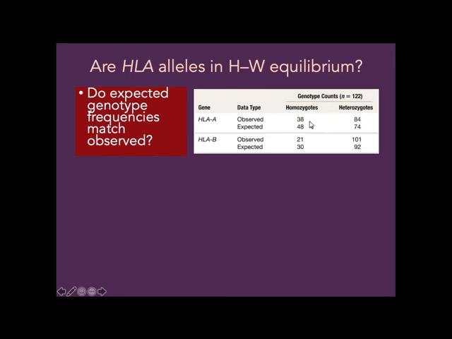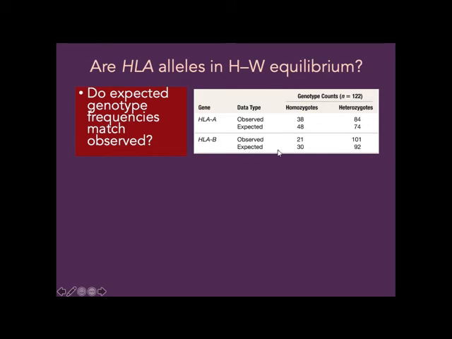If you used the Hardy-Weinberg equilibrium principle, we would expect that 48 individuals would be homozygotes and 74 would be heterozygotes, okay? Looking at the HLA-B gene locus, they observed that 21 individuals were homozygotes, and 101 were big B, little b.